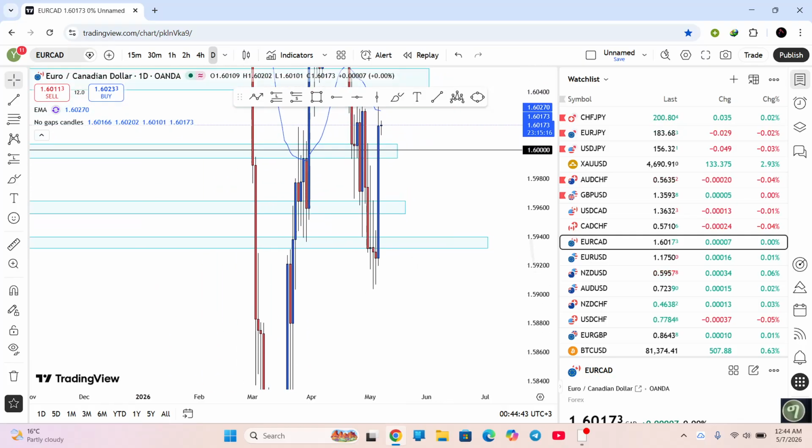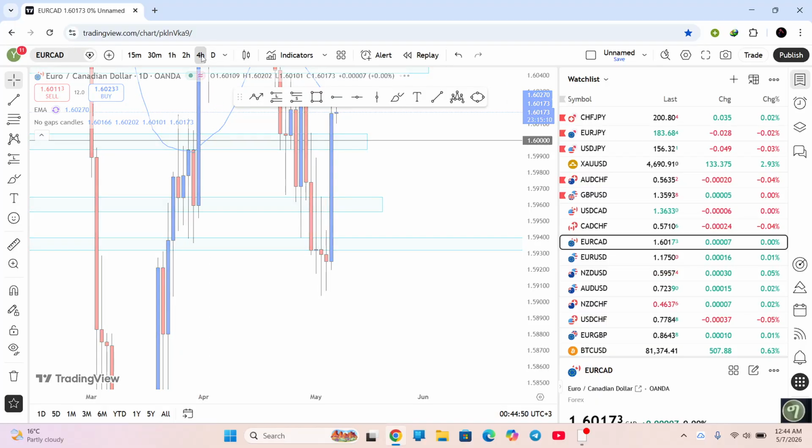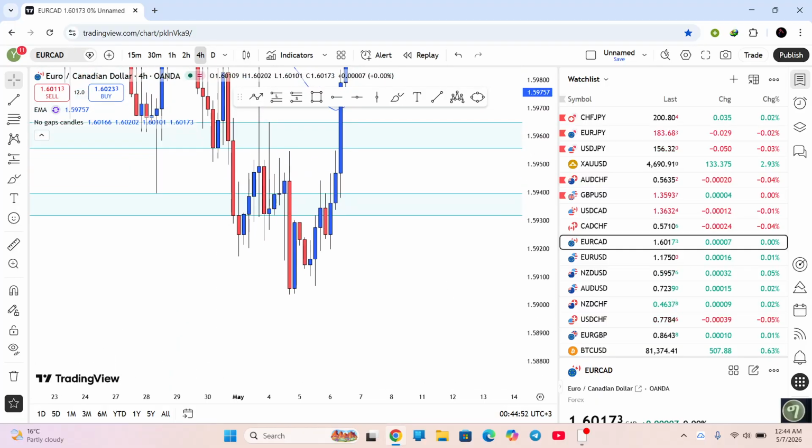This one, I was actually looking for a sell after price reached this level. I was waiting for the 4 hour to give me a clean rejection, and as you can see on the 4 hour time frame, this was it. This was not in my session. This candlestick was the session that I was actually interested in to take the trade, but as you can see, it closed as a bullish engulfing.